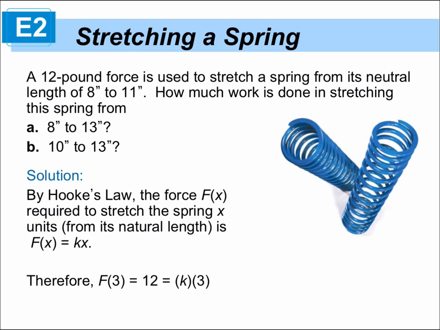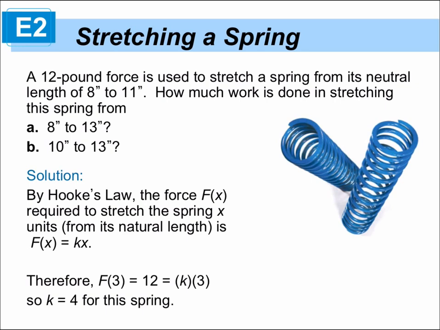So if we take it from its natural length to 11 inches, we're moving a distance of 3, and we know that requires 12 pounds of force, because that's given information in the original problem. Therefore, we know for this particular spring that k is equal to 4. Okay. Are we good on that?